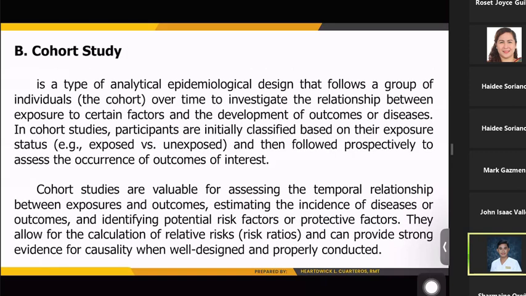Next, we have your cohort study. When we say cohort study, it is a type of analytical epidemiological design that follows a group of individuals, or cohort, over time to investigate the relationship between exposure to certain factors and the development of outcomes such as certain diseases.